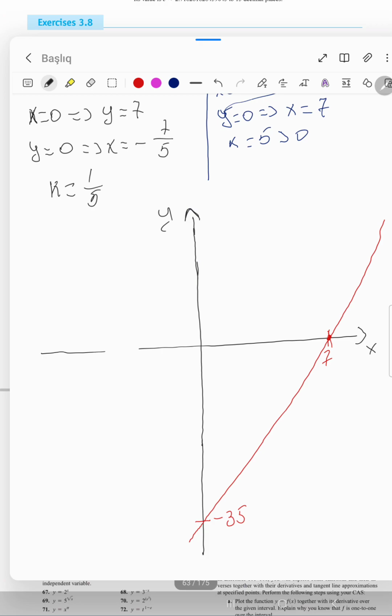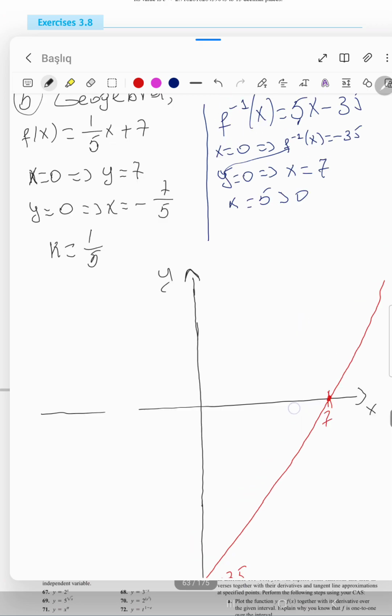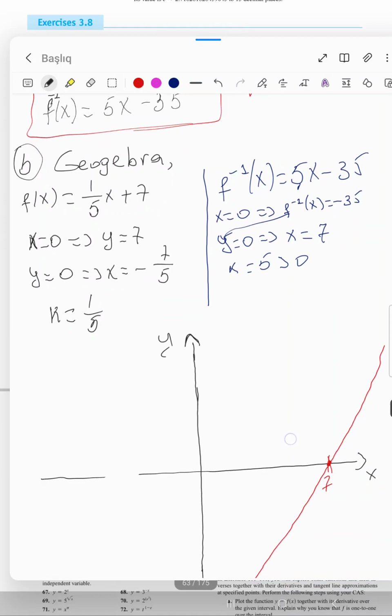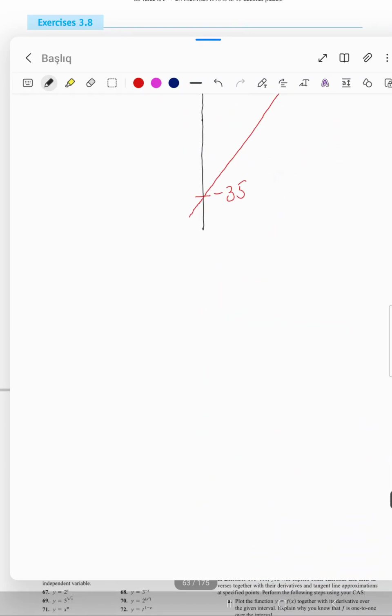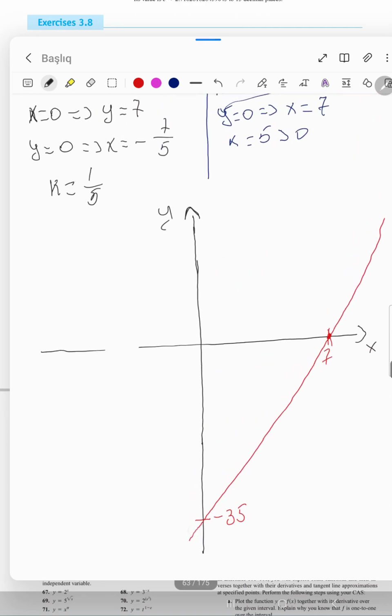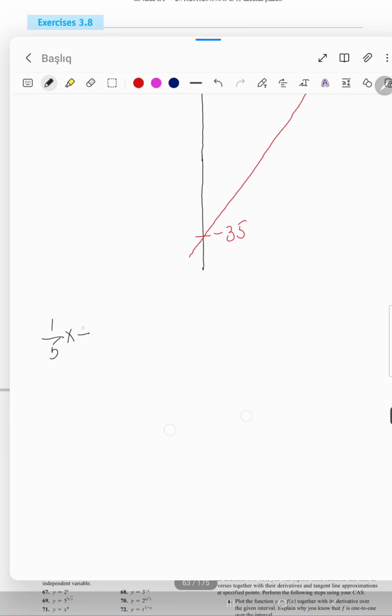By the way, you can ask, how do you know that they will intersect? Good question. What was our function? Plus 7.